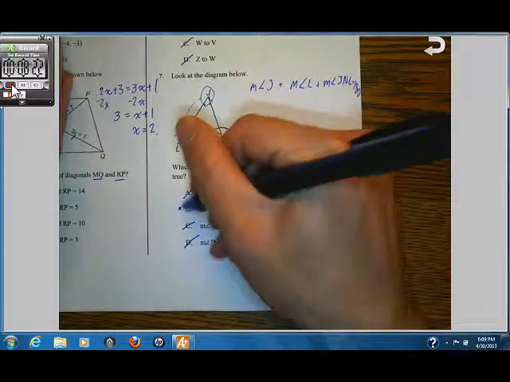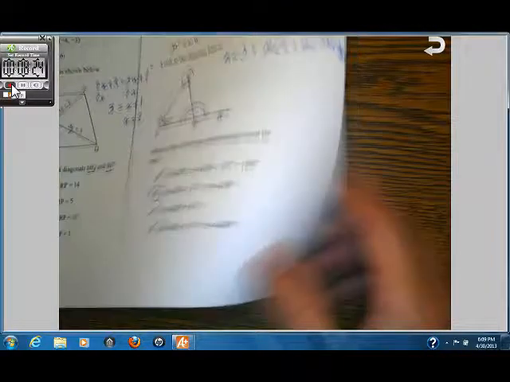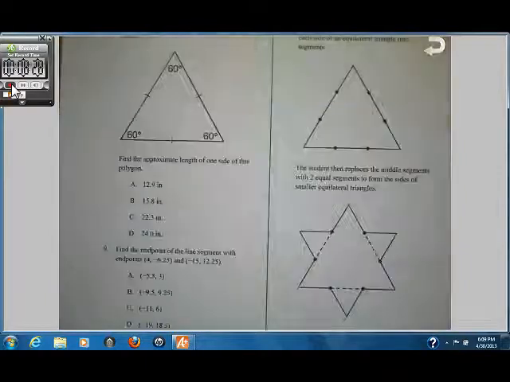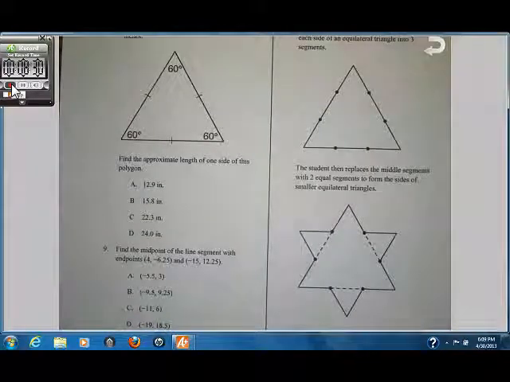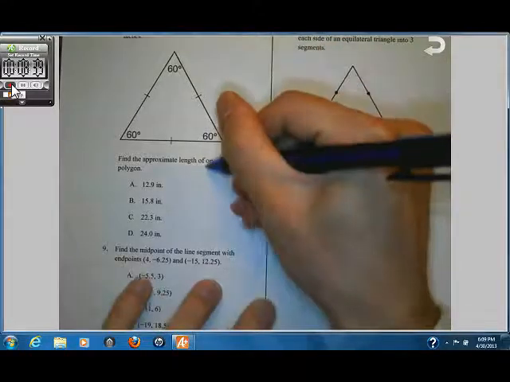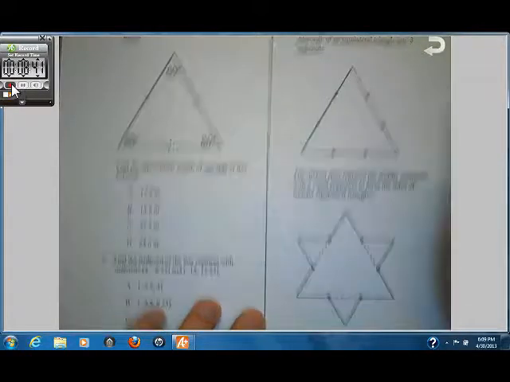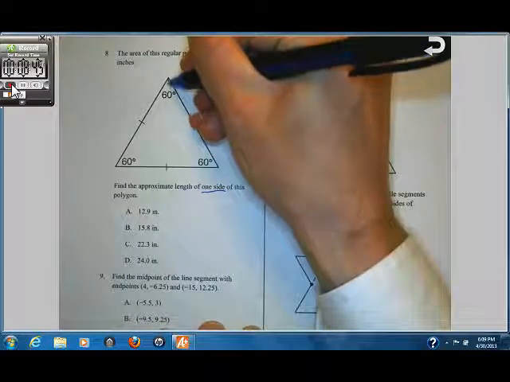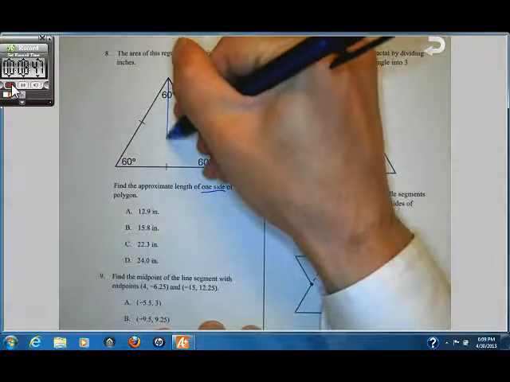Okay. Number 8 is a little bit more fun. Basically, you have the area of the regular polygon is 72 inches, and you're being asked to find one side. Now this is an equilateral triangle, but in this case, we're going to cut it in half. We're going to strike an altitude, and so this just became 30 degrees.